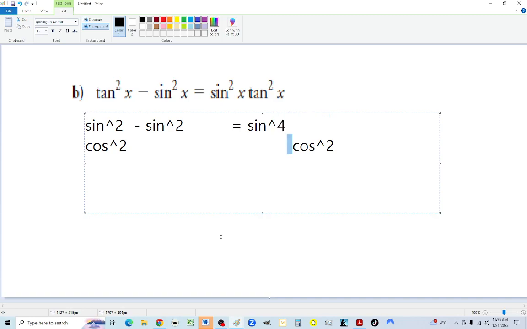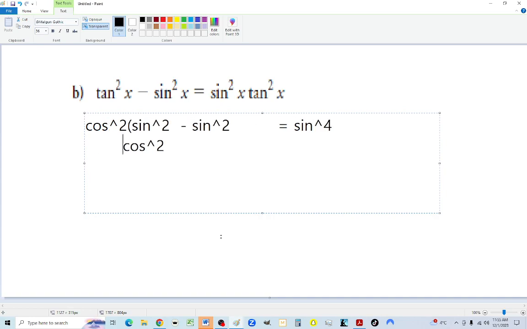Multiply both sides by cos squared. This disappears. If I multiply the left by cos squared, cos cancels out. I'm left with sine squared. And then cos squared times sine squared becomes this.